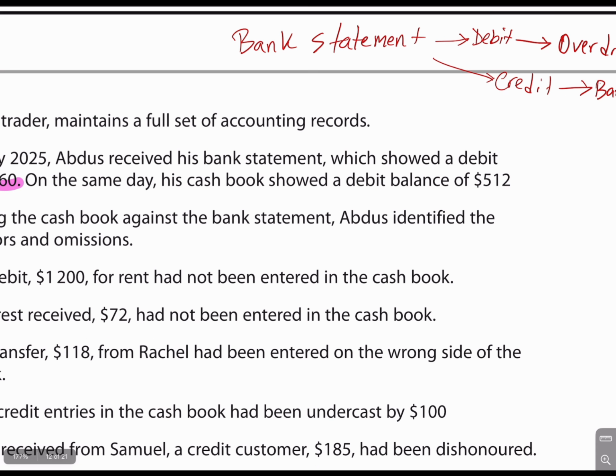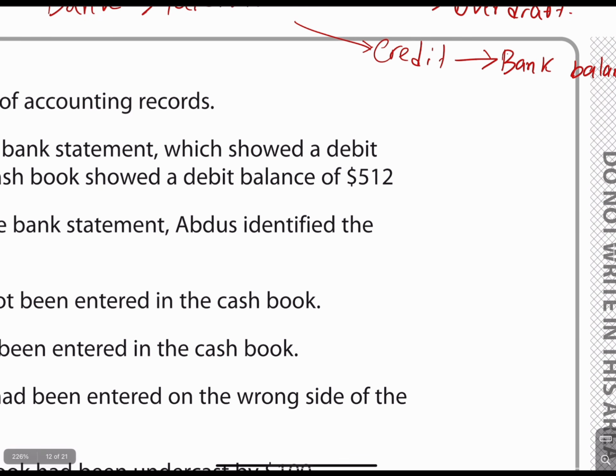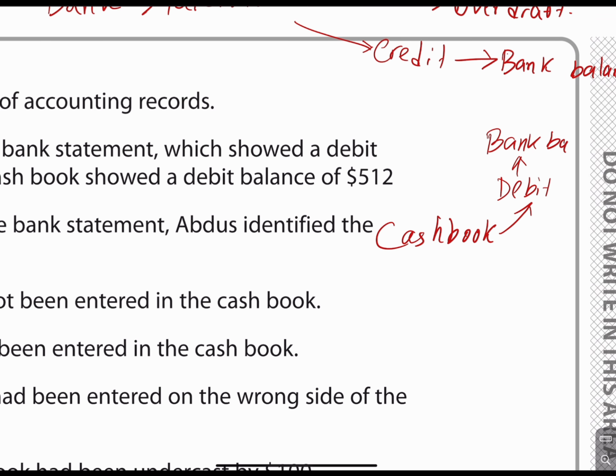And on the same date, the cash book showed a debit balance. Now, the cash book is basically the point of view of the business. If the cash book shows a debit balance, it's the bank balance of the business. If the cash book is shown as credit, it's a bank overdraft for the business.